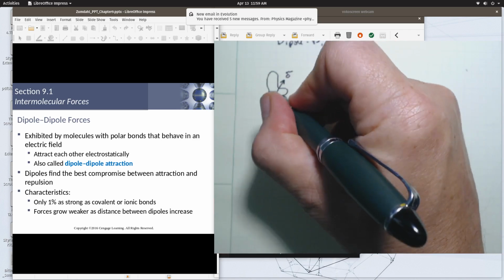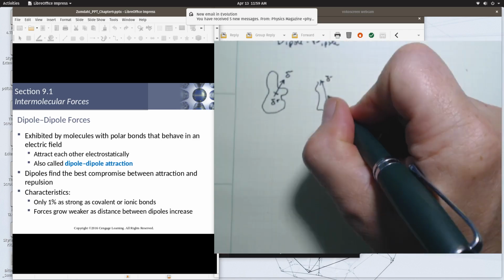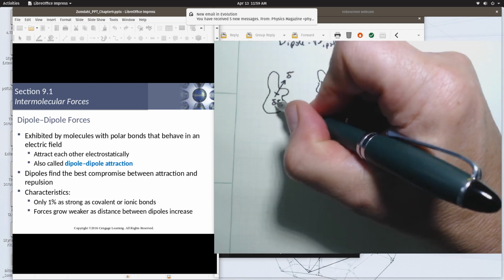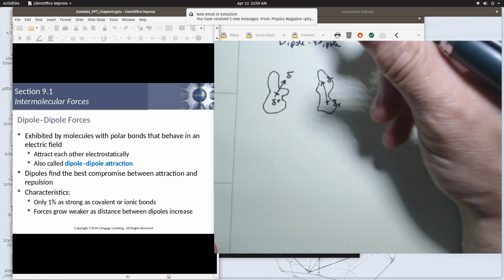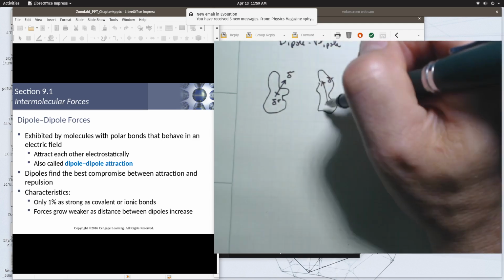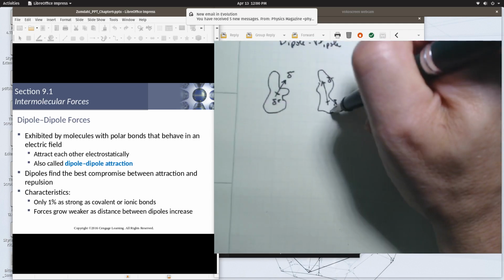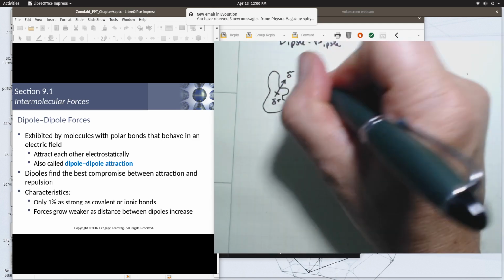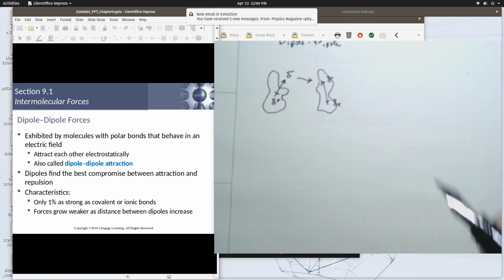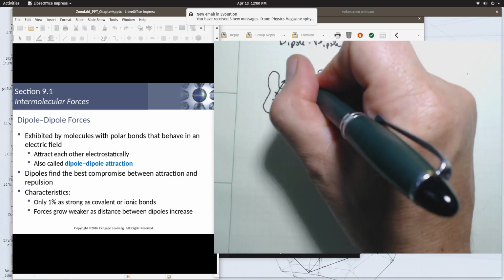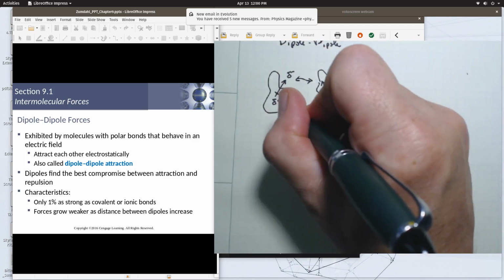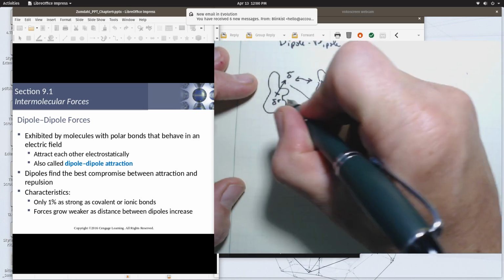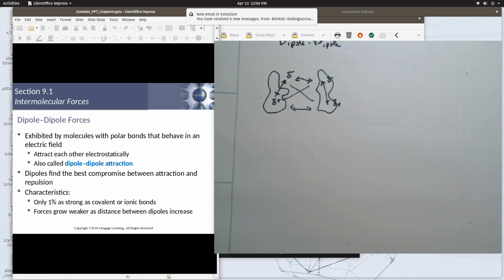Maybe this molecule has a crazy shape to it. I have a center of positive charge and a center of negative charge, and I can calculate a net dipole moment of this molecule. There are Coulomb interactions: these 2 parts are going to repel each other, and these 2 parts are going to attract each other.